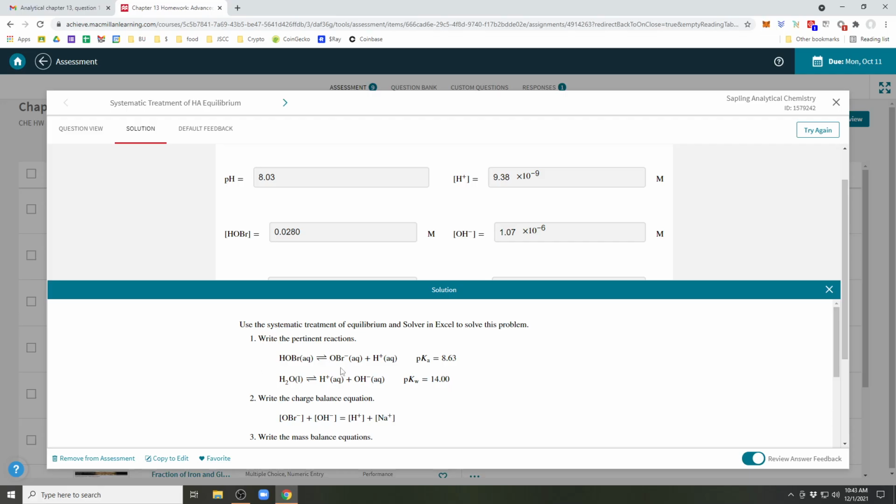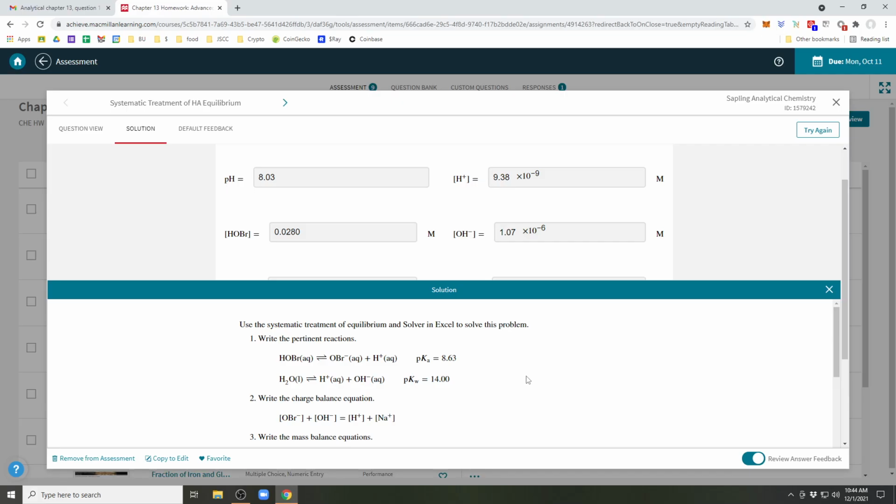So for every water-based solution, we have the water autoionization reaction, which is water donating its proton, which would give you remaining OH minus as the conjugate base. And again, that's always going to give you the pKw, which is 14.